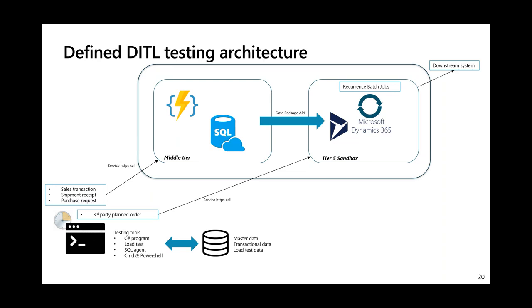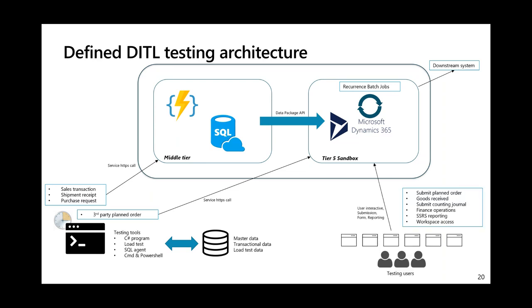In this customer requirement, I have developed my own program to simulate their third-party tools. The control program generated the data to the middle tier or to the Dynamics FNO, and we also store the data in the master data. And I have set up a number of batch jobs on the FNO side to make them run recurrently on a schedule.